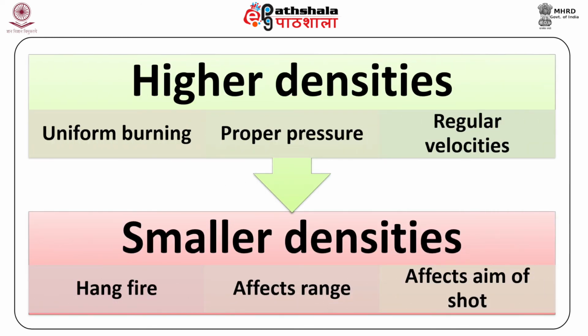Higher densities are more useful as they permit uniform burning, proper development of pressure, are economical, and give rise to regular velocities. When loading density is small, it may result in hang fire. Improper loading density materially affects the range and aim of a shot.